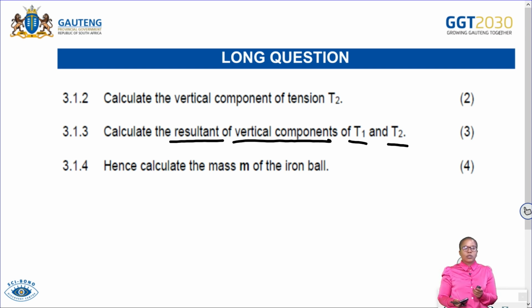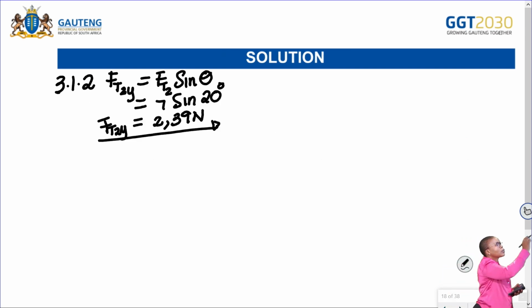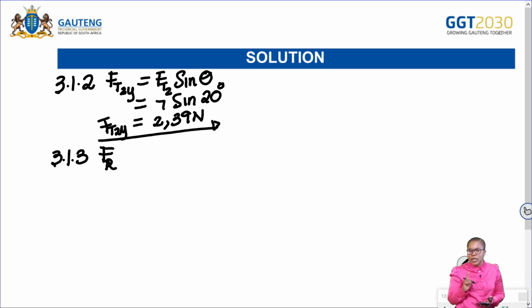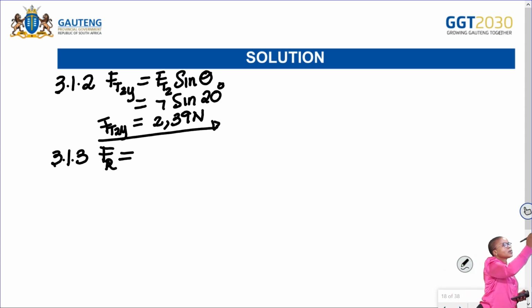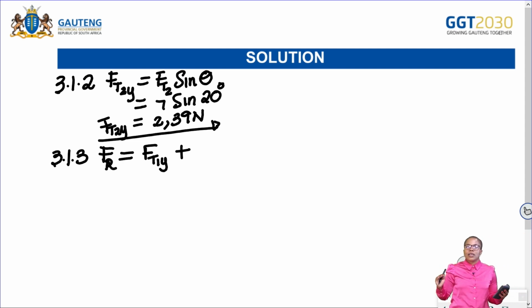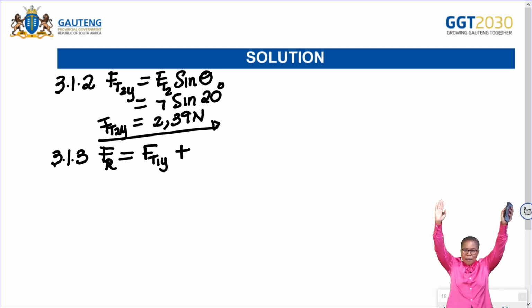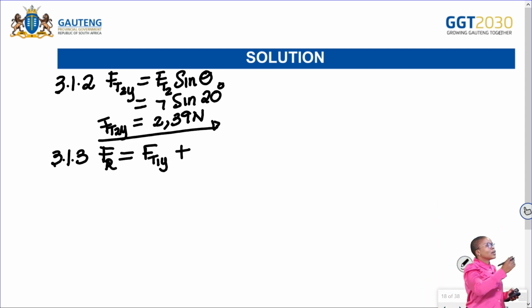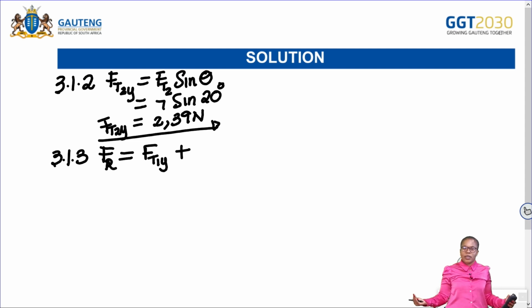So for 3.1.3, FR, because we want the resultant vector, is equal to FT1y plus FT2y. Remember, because we are calculating the vertical components, both of them are going up on the vertical. They have the same direction, meaning we grant them positive.